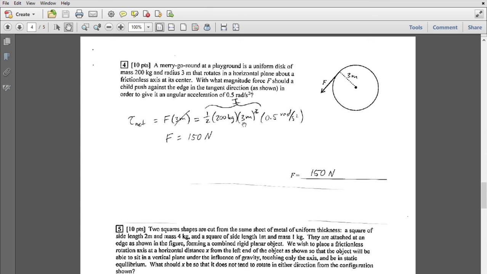And I for a uniform disk, this was on the last page of equations that was given out with this exam, the table of moments of inertia, 1/2 mr squared. So we have 1/2 mr squared times 0.5 radians per second squared. That was our alpha. So we're doing torque net equals I alpha, and it's that F that we want to solve for. F is 150 newtons.